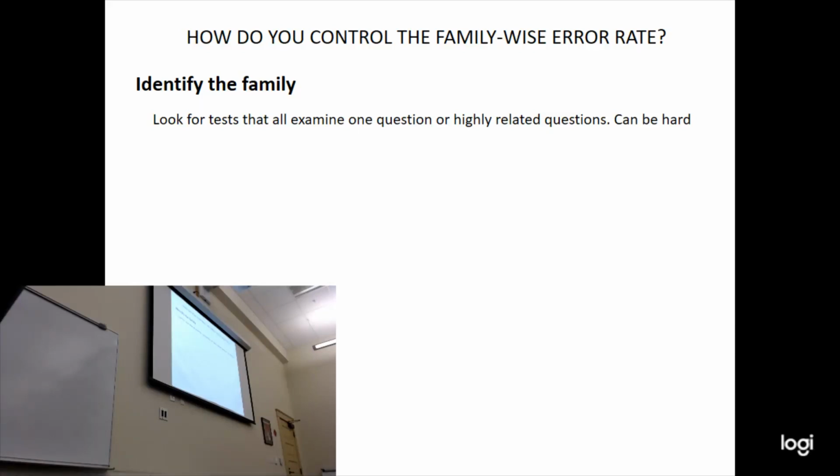What's an example of a family of tests? So the one that I motivated this question with is, are there differences between states. The family of tests might be the different pairwise comparisons between states.